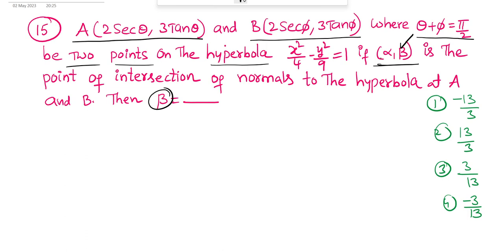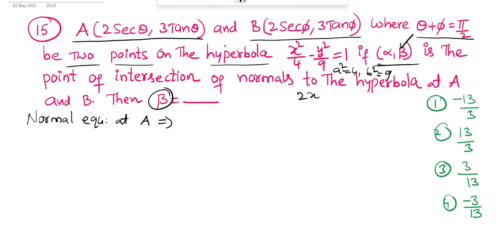So we write the normal equations. Normal equation at A. The hyperbola is x square by 4 minus y square by 9 is equal to 1. Here a square is equal to 4 and b square is equal to 9, that means a is equal to 2.